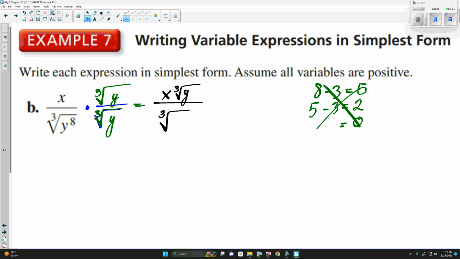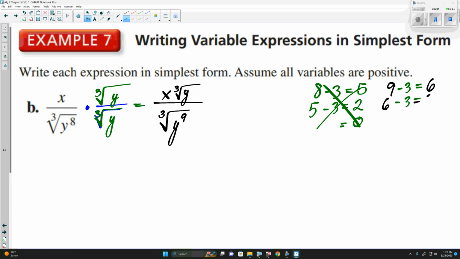On bottom, we can multiply what's inside the radicals, because we still have the cubed root, but y to the 8th times y is now y to the 9th, yes? Now if we do this subtraction again, 9 minus 3 is 6.